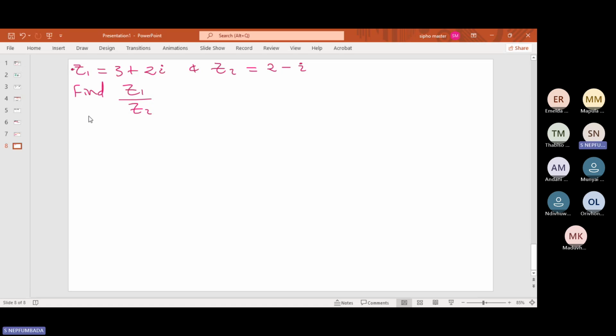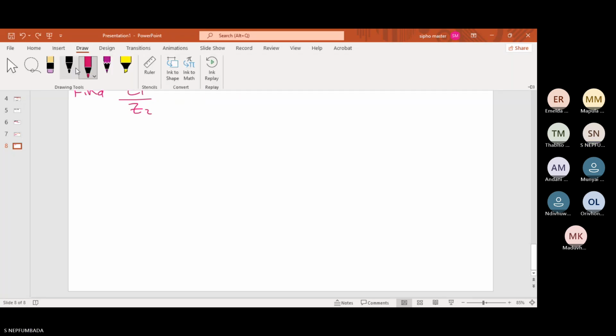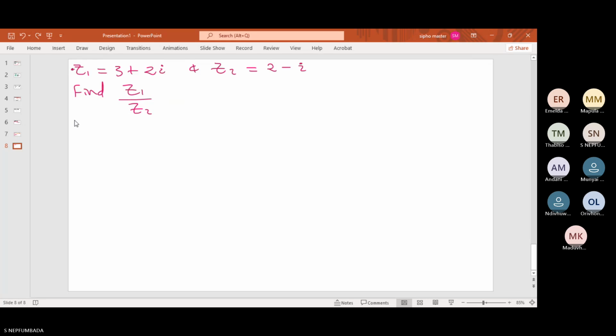So we're going to substitute. This is nothing but going to be equals to 3 plus 2i divided by 2 minus i. Are we still together?